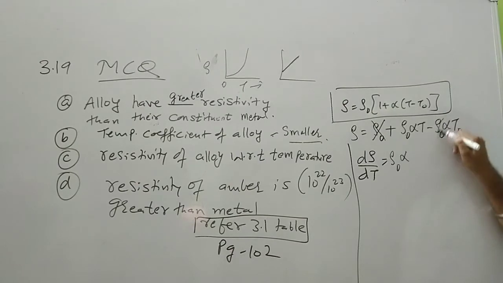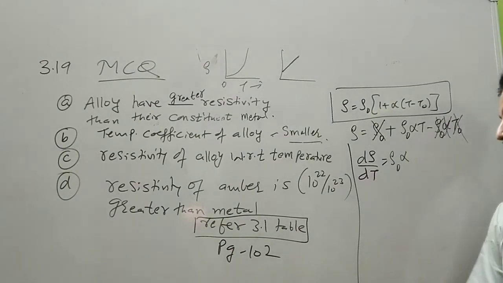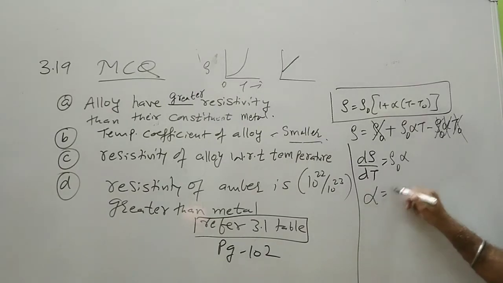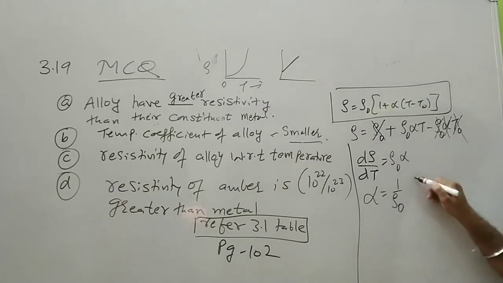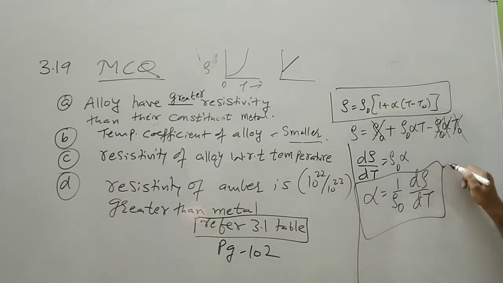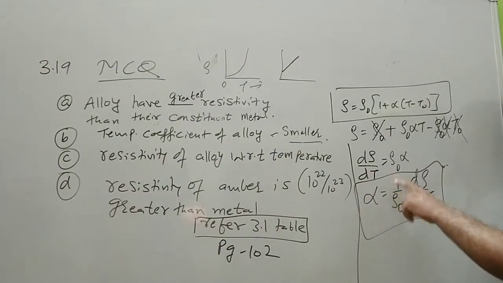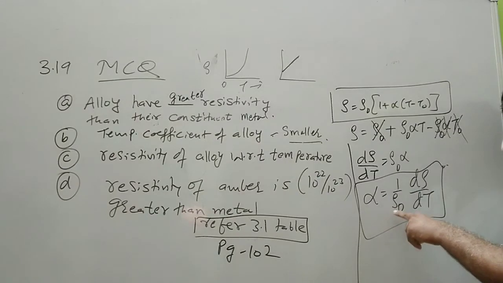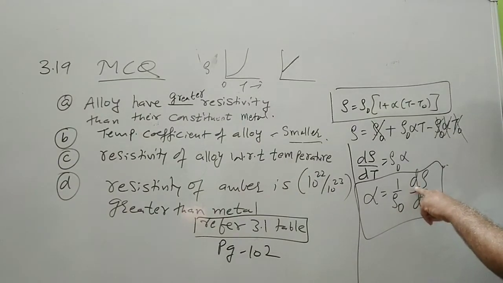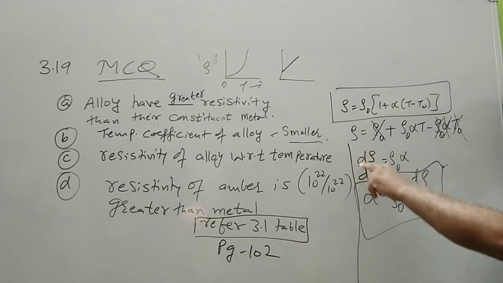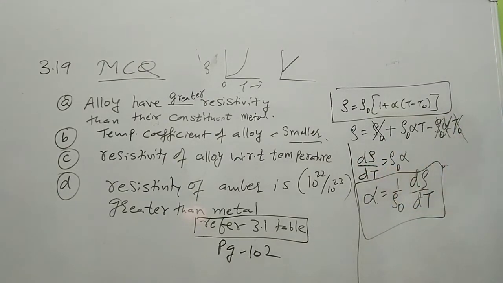minus this, again a constant term, the reference temperature is also constant. So alpha is equal to 1 upon the reference resistivity times d rho by dt. So this is another formula for alpha, which is 1 upon the resistivity at a reference temperature times the change in resistivity with respect to temperature, or you can say d rho upon dt is equal to rho naught alpha.